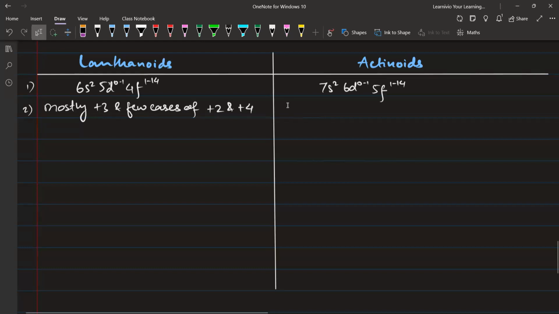Certain elements show +2 and +4. Actinides में क्या होता है, +3 तो है ही and higher oxidation states +4, +5, +6 and even +7 तक चला जाता है.